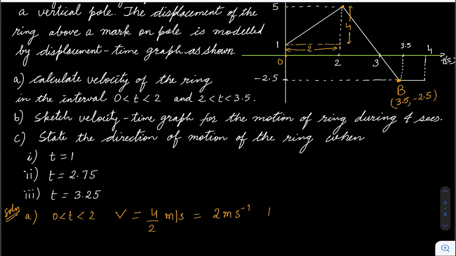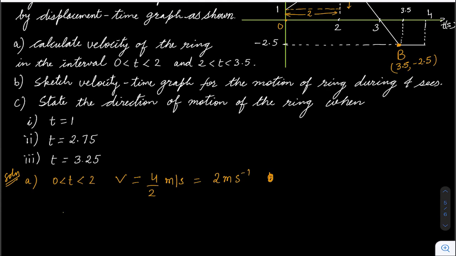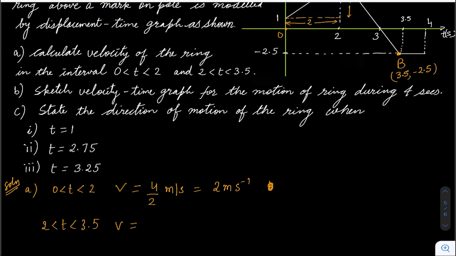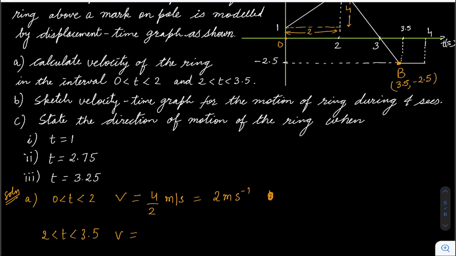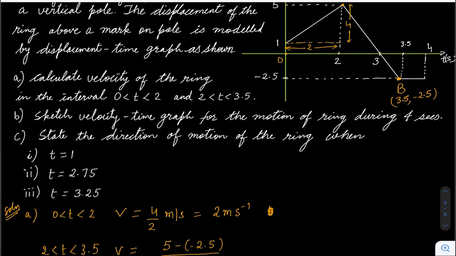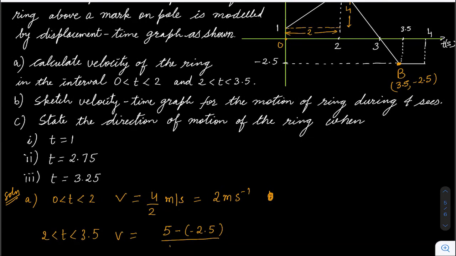So let's do that. In the B part, for time 2 to 3.5, my velocity is going to be the gradient of this. So gradient is y2 minus y1, that is 5 minus (minus 2.5), over x2 minus x1, that is 2 minus 3.5, which is coming out to be 7.5 divided by minus 1.5.